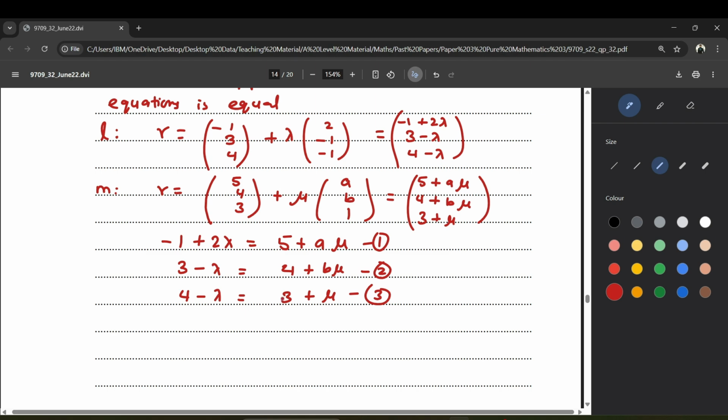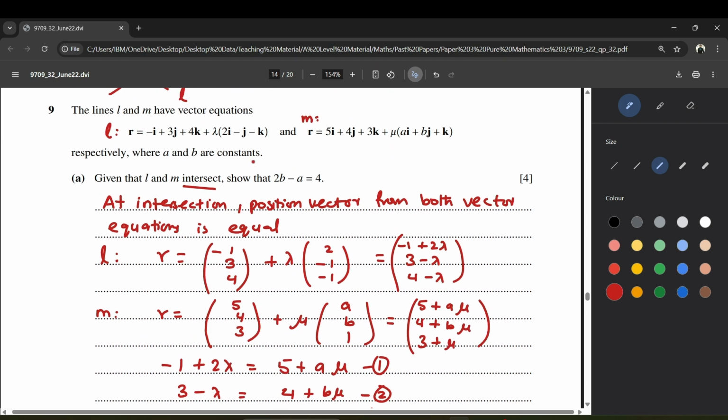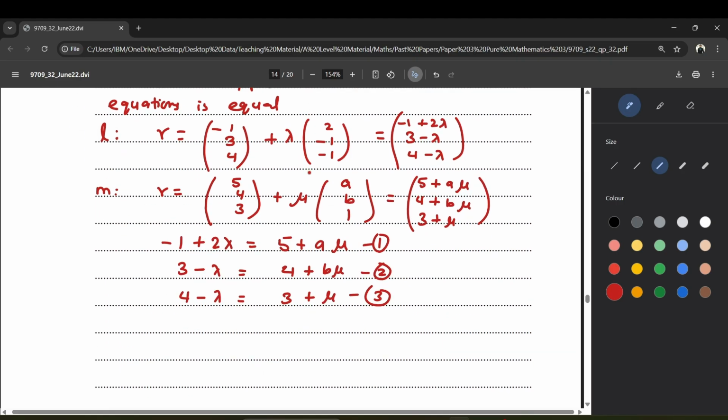Now, the question asks you to show that 2b minus a equals 4. So what we have right now is four variables overall: lambda, mu, a, and b. A and b are not really variables, these are actually constants, and even lambda and mu are also constants, but just for the sake of understanding, these are four different constants.